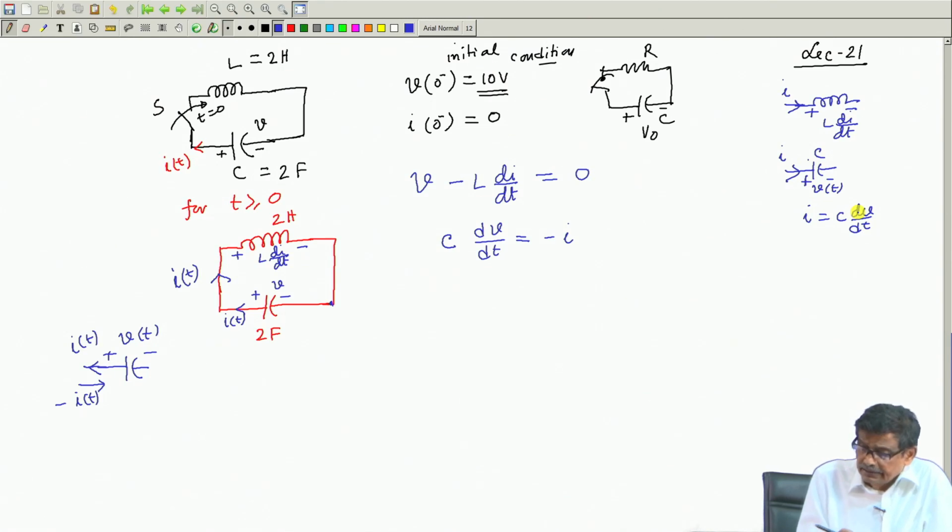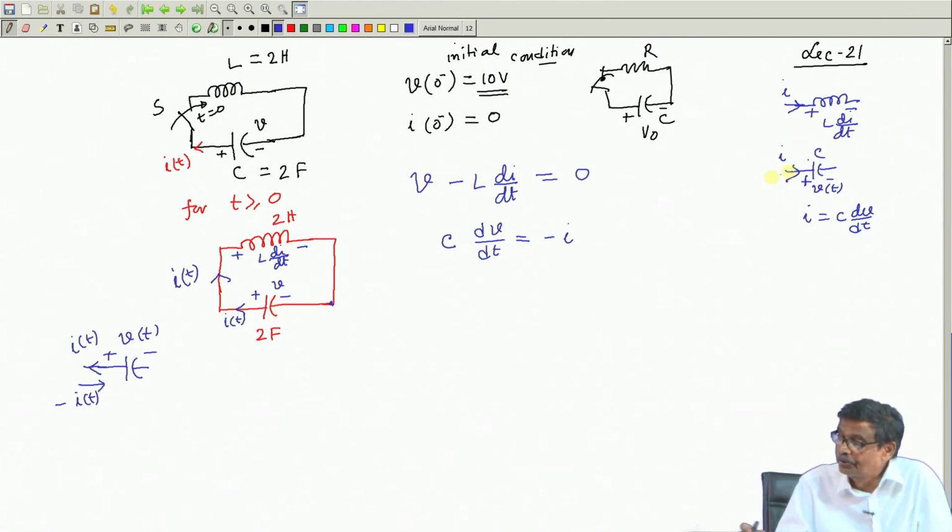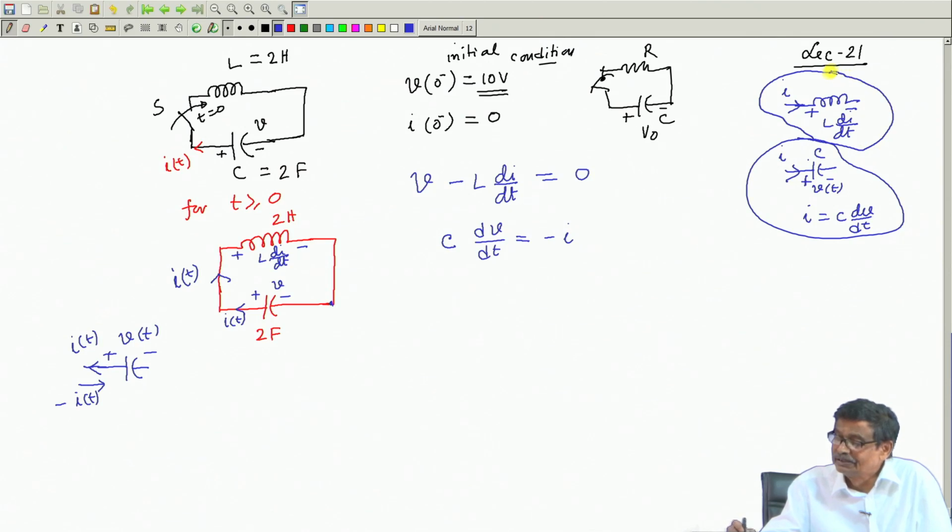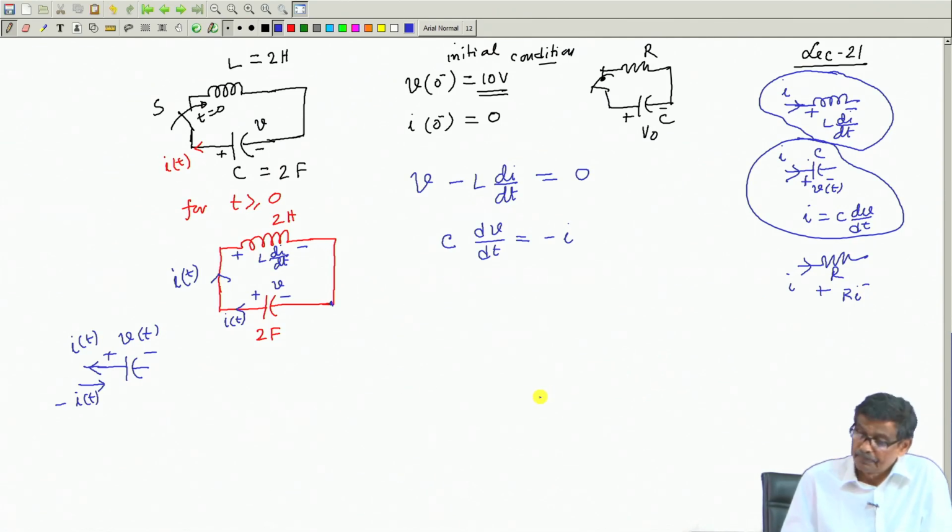For L dI/dt, no problem. In the capacitor, the current is leaving the plus terminal, that means minus I is entering through the plus. So, it is minus I which should be equal to C dV/dt to be consistent with this. These two things you must always remember. Similarly, for resistance, of course, it is plus minus R I. This is a very important step.